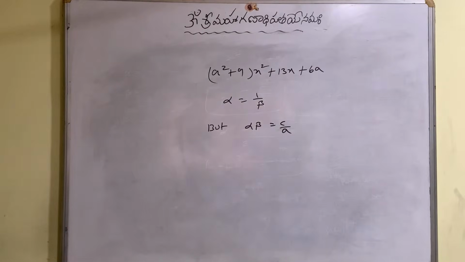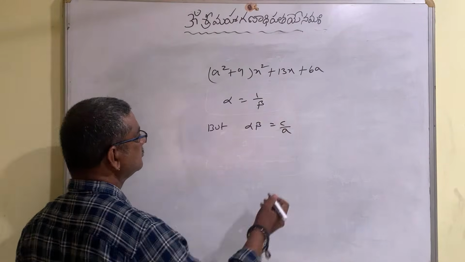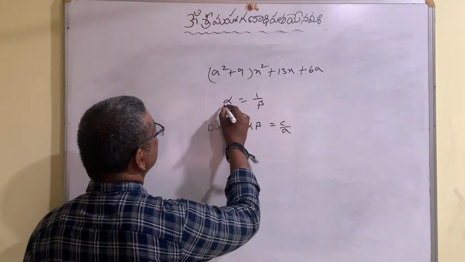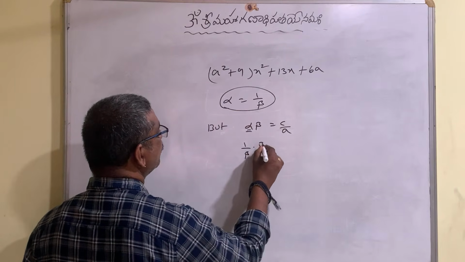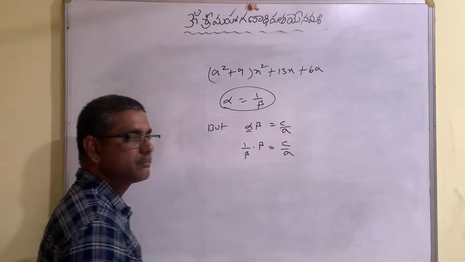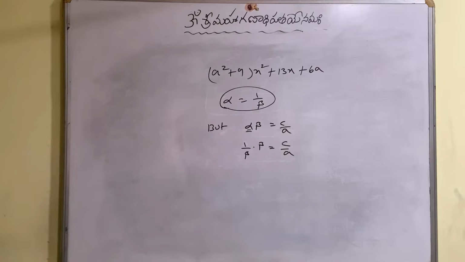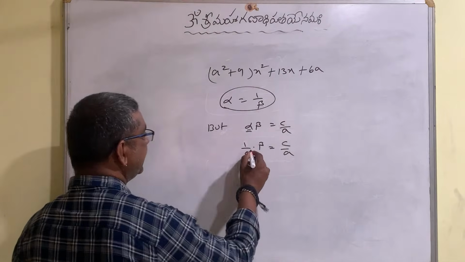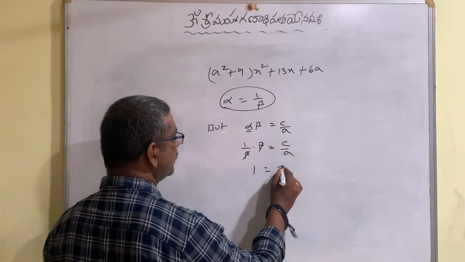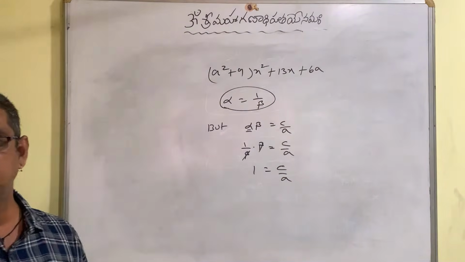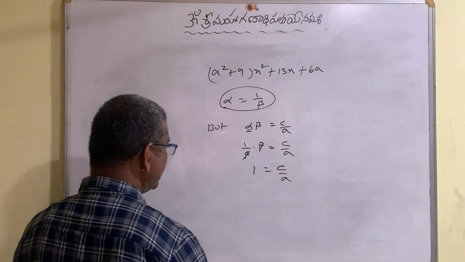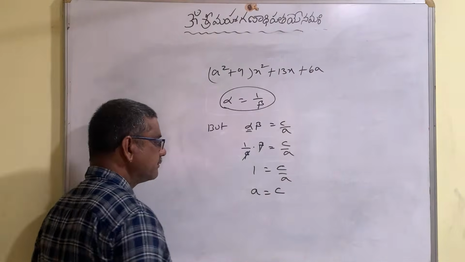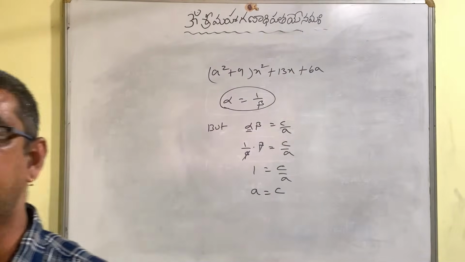Now, in the place of alpha, I will write 1 by beta, so 1 by beta into beta is C by A. Now, beta gets cancelled. 1 is equal to C by A. That means A is equal to C.